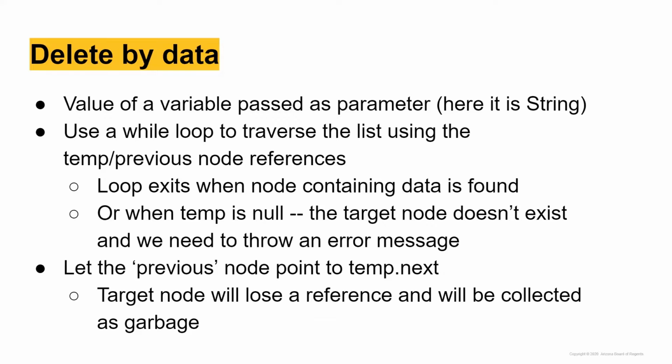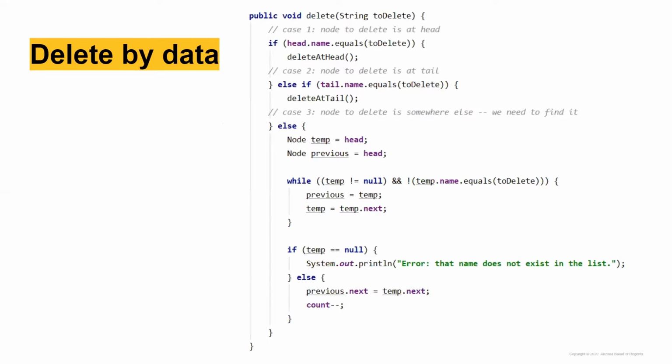So if we take the previous node's reference to the next from previous, and we change that to the one after the target node, then the target node doesn't have anything pointing to it anymore, and it's just going to float off into space and be collected as garbage. So hopefully this will make a little more sense.